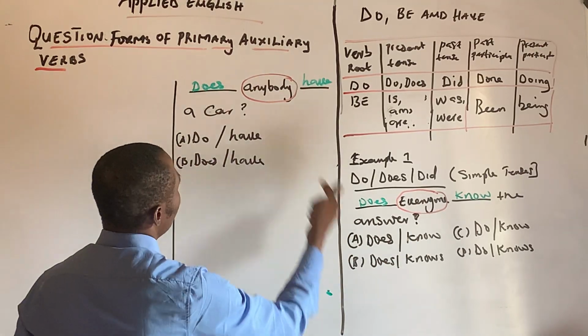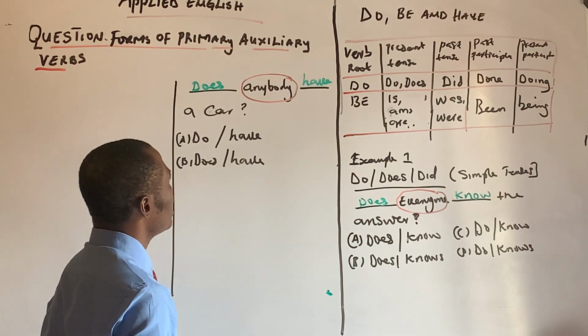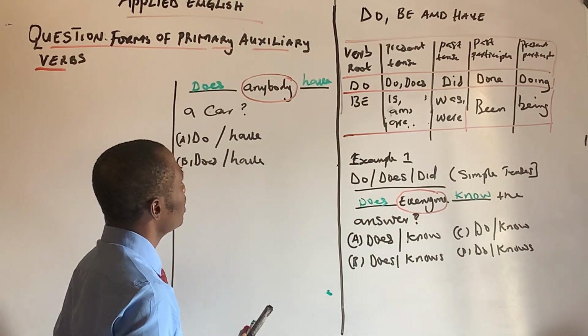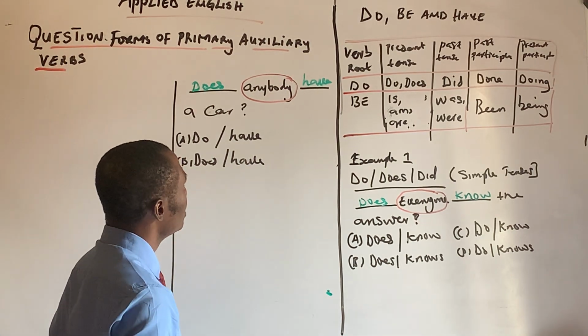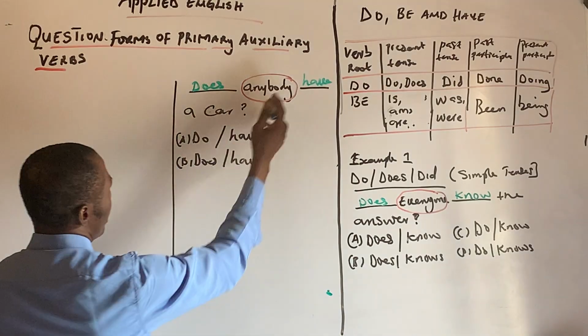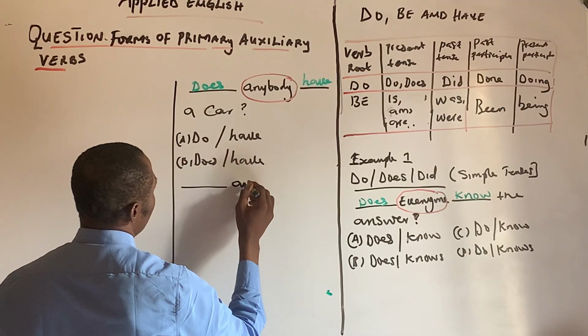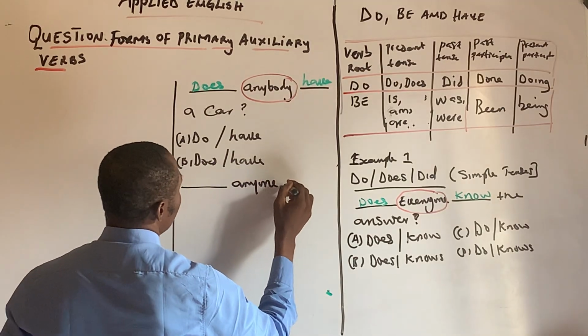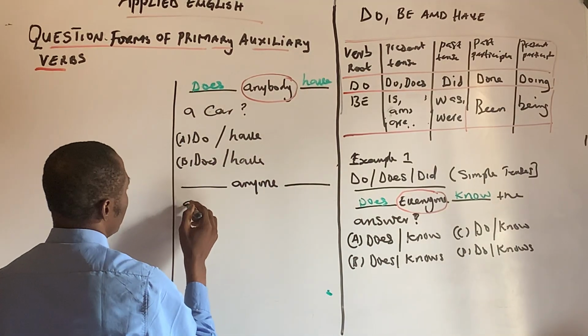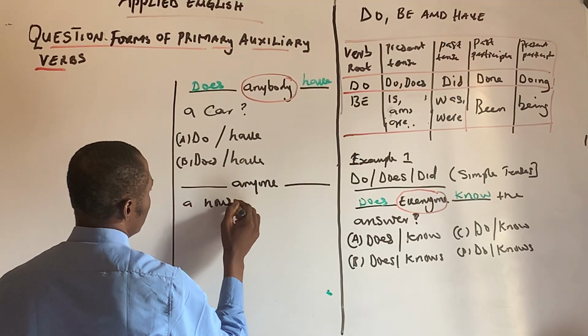We have everyone, anyone, anybody, everybody. Let's use the word anyone. Does anyone dash a house?